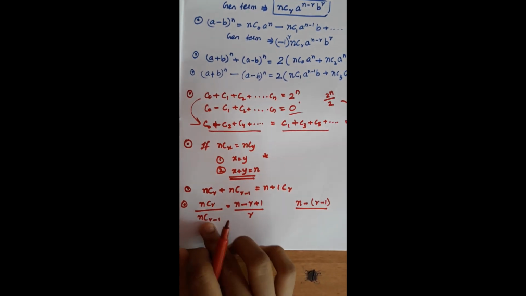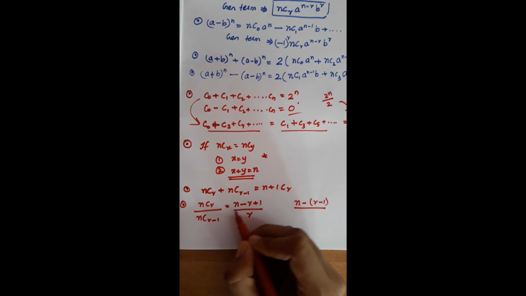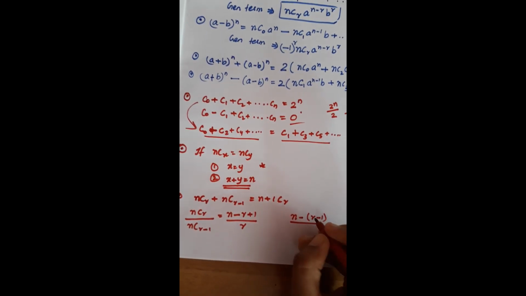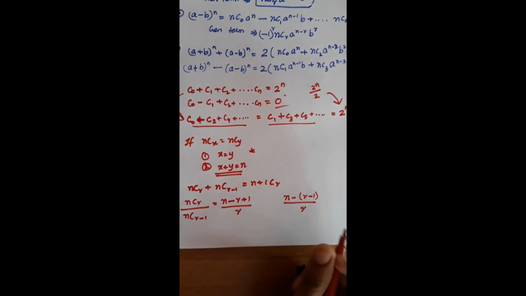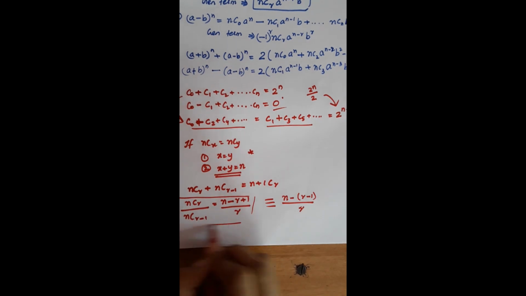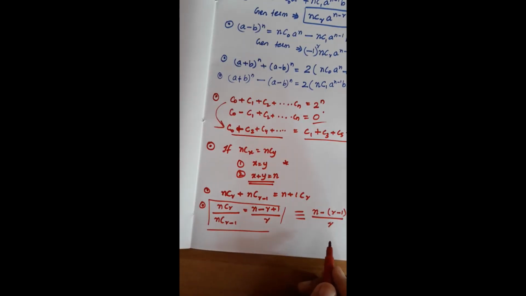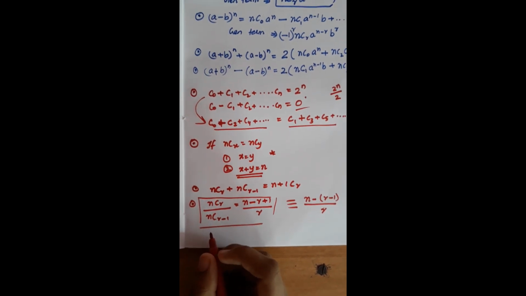Meaning if it is given in the denominator, it goes in the numerator, and the bigger r comes down. That is also important, not from the board point of view, but for entrance it becomes important.